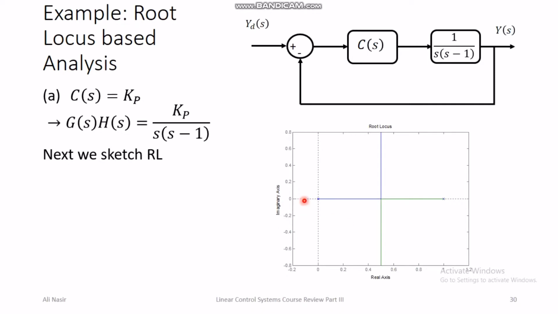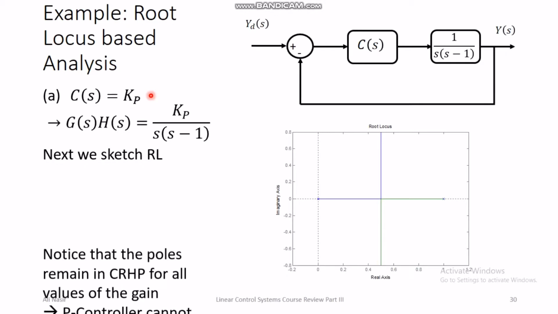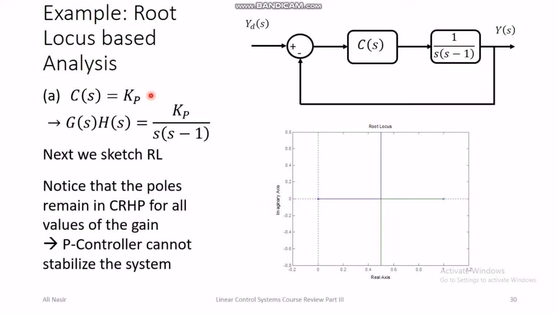In this case with Kp, the root locus tells us that the path of the roots or poles is such that the poles always remain in the right half plane. So Kp cannot stabilize this system. The P controller cannot stabilize this system. We have concluded this using root locus.